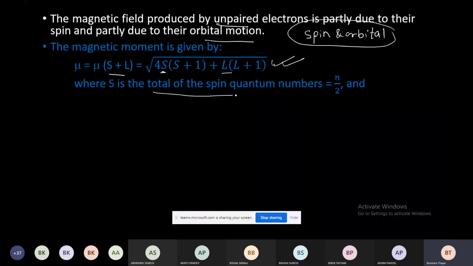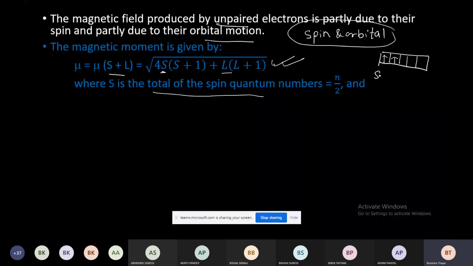What does it mean is that let us consider we have 2 electrons in this subcell. Both are in a clockwise direction, so it has plus half spin. It also has plus half spin. So the sum of spin quantum number will be equal to plus half plus again plus half.